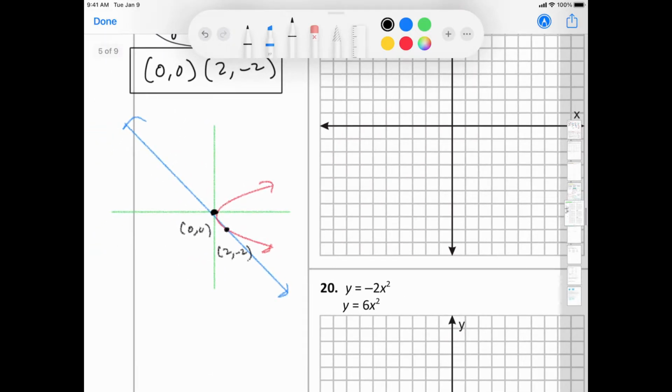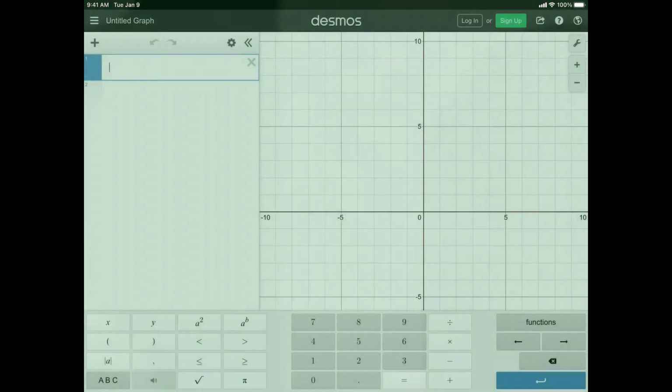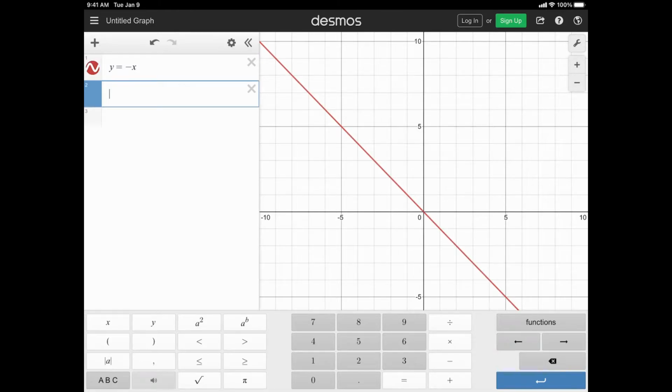Okay, the best one to use is Desmos. So let me go ahead and pull up Desmos. Okay, here's the good thing about Desmos is you can type in the variable. So y equals, now this one doesn't have a negative sign, so you just use a subtraction. And then just click on the next one and type in y squared equals 2x.